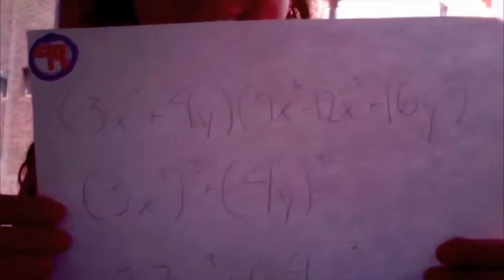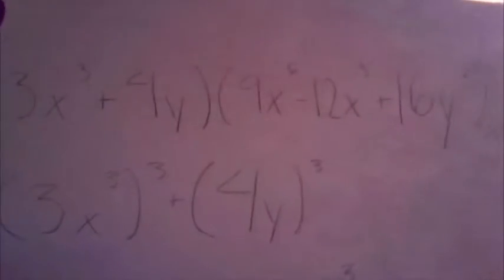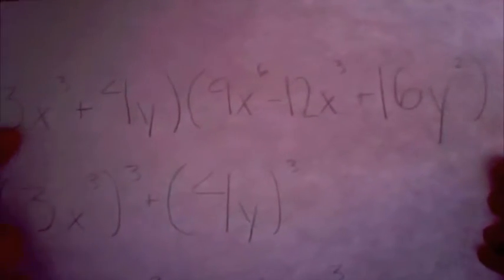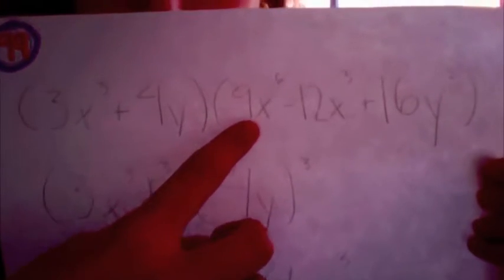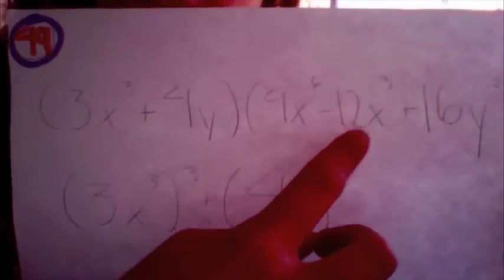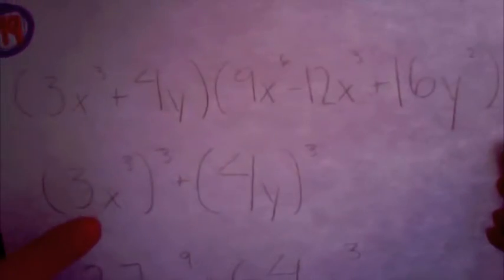Hi, my name is Loretta and I'm going to explain problem number 49. Well, first of all, this is a general trinomial and we start by factorizing 9x to the 6th power minus 12x cubed plus 16y squared.